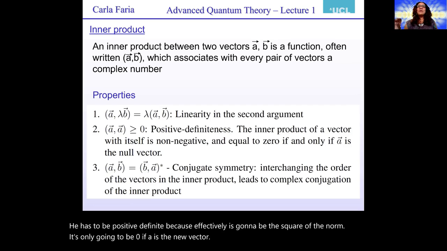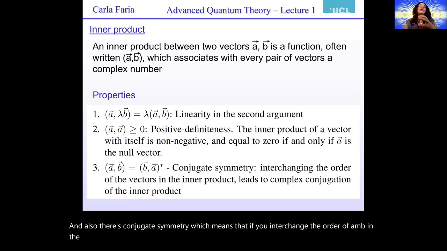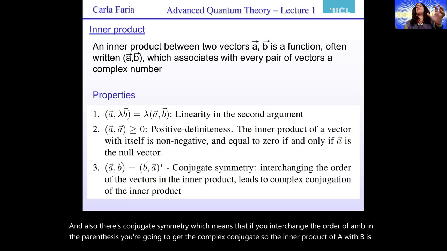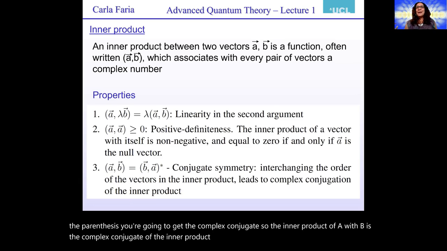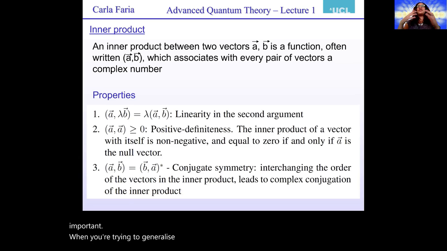And also there's conjugate symmetry, which means that if you interchange the order of A and B in that parenthesis, you're going to get the complex conjugate. So the inner product of A with B is the complex conjugate of the inner product of B with A. And these axioms are quite important when you're trying to generalize it or go into uncharted territory.